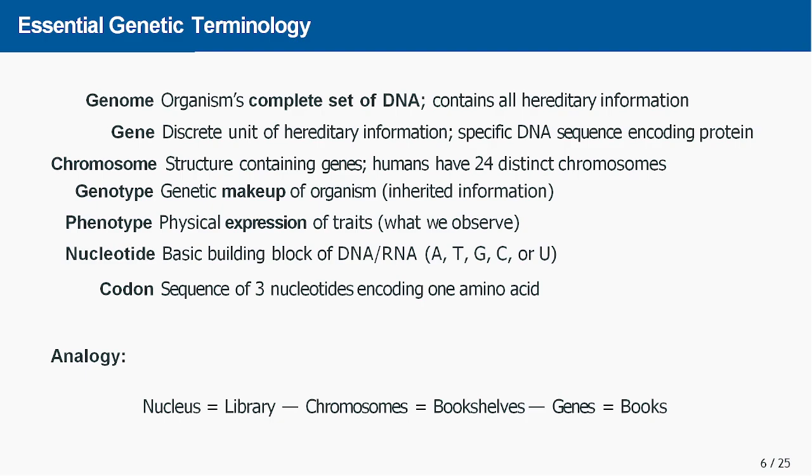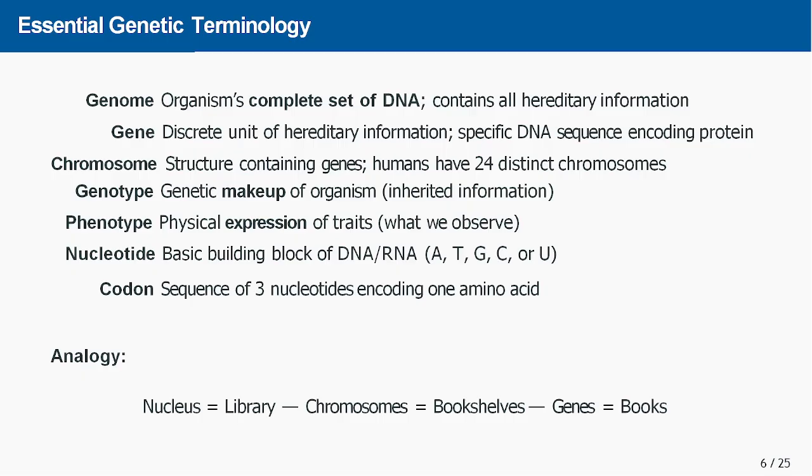As a whole, all the different genes present inside a particular organism are known as the genome. Individually we call them genes. Each gene relates to some protein. Every encoding sequence will give rise to a distinct protein. A chromosome is a structure containing genes. Humans have 24 distinct chromosomes, as we said previously.